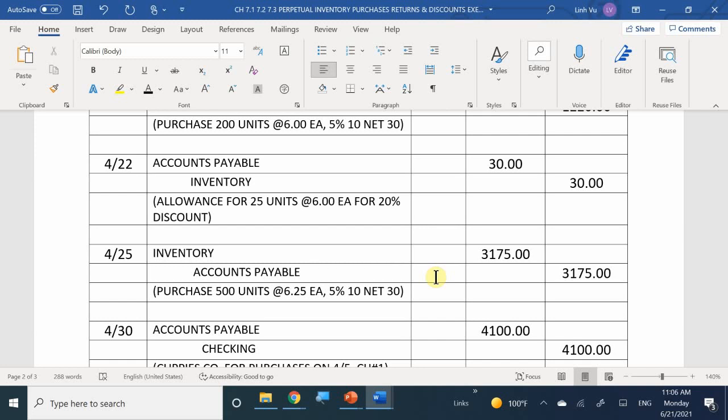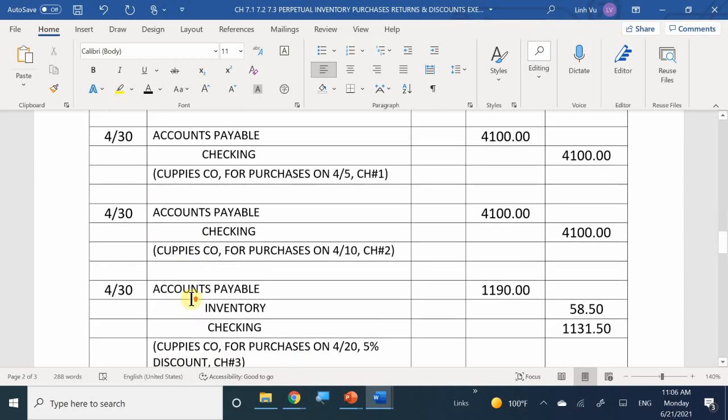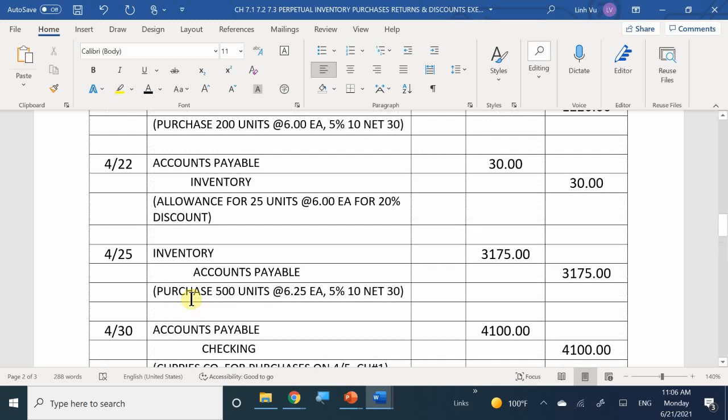However, did I meet terms? Yes. So in this case, I need to calculate 5% off of my 500 times the 6.25. What is going to be my total discounted amount? $156.25.